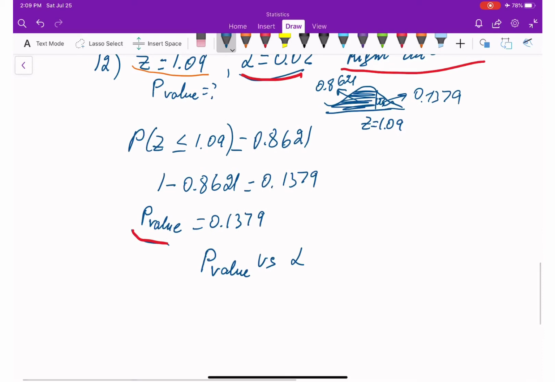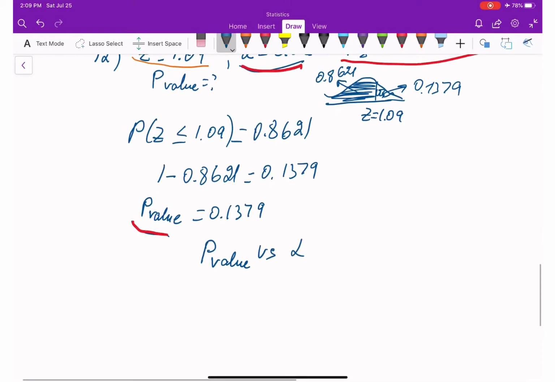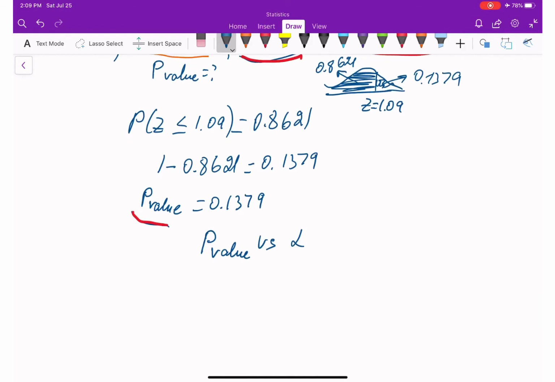And what we can say is, if the p-value is less than or equal to the level of significance, so if p-value is less than or equal to alpha, then reject the null hypothesis.